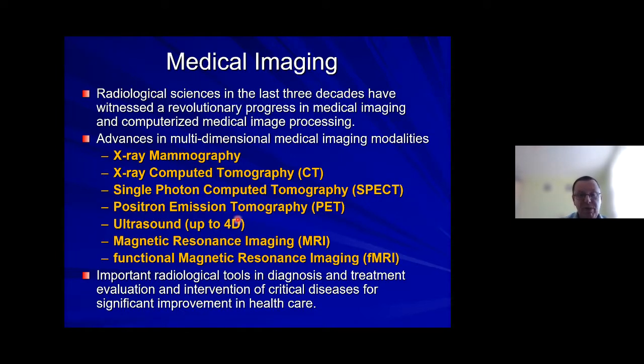Also application of nuclear medicine systems like single photon emission tomography and positron emission tomography, ultrasound, modern ultrasound systems with capabilities up to visualizing dynamic models, and magnetic resonance imaging as well as its functional version to visualize different physiological principles.